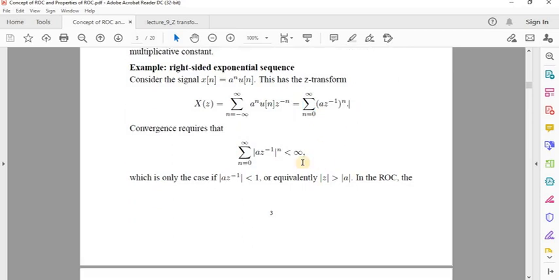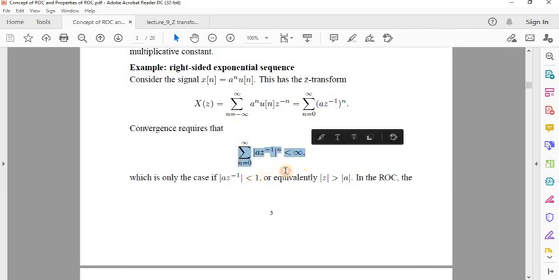We know that for the Z transform to converge, this should be less than infinity, which ultimately means that the mod of the term A times Z inverse should be less than 1.